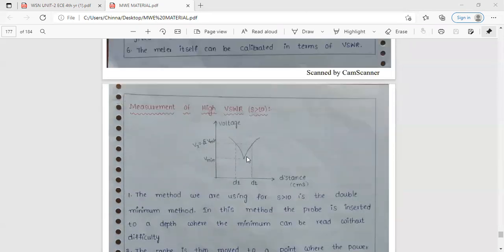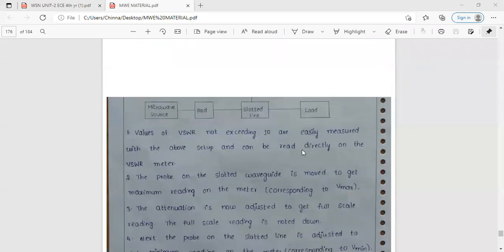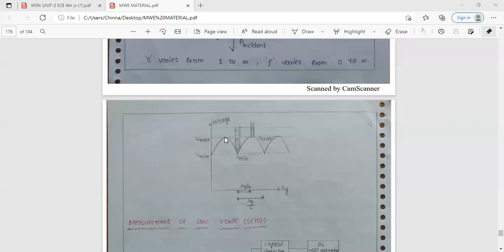So these 2 points, if you take the V maximum side by side or V minimums across that particular representation. Here, if you consider this is the V maximum and the next successive maximum is this. So here it will be considered as D1 and this is D2.